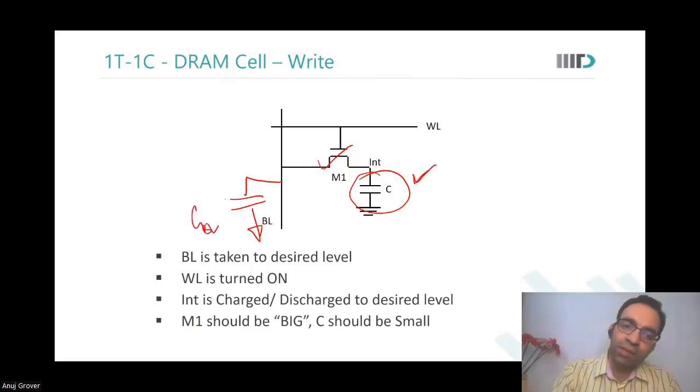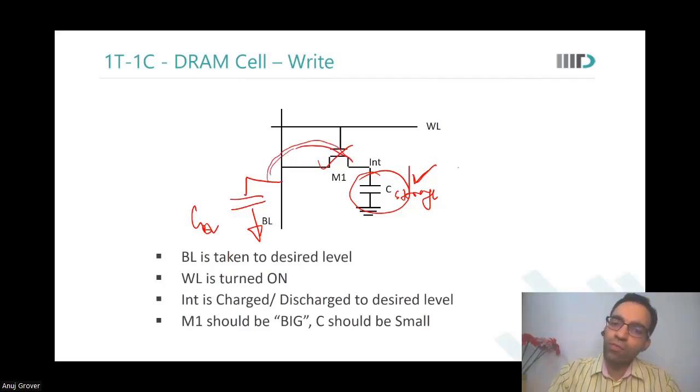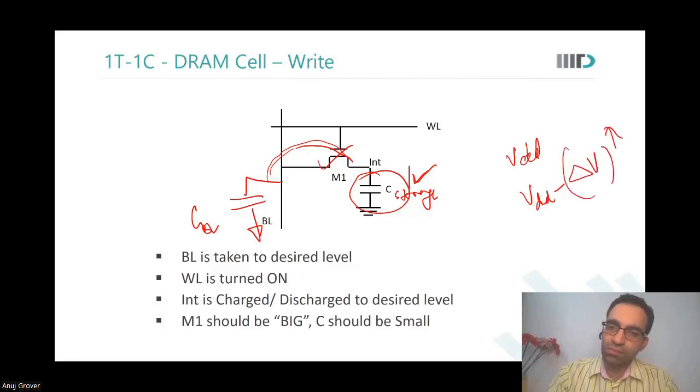Let us say this is CBL, and let us say this is C storage. It's very large. What happens? The charge sharing would happen, and instead of almost VDD being stored at INT, I will end up storing VDD minus say delta V. And this delta V would be large. Are you able to see this?